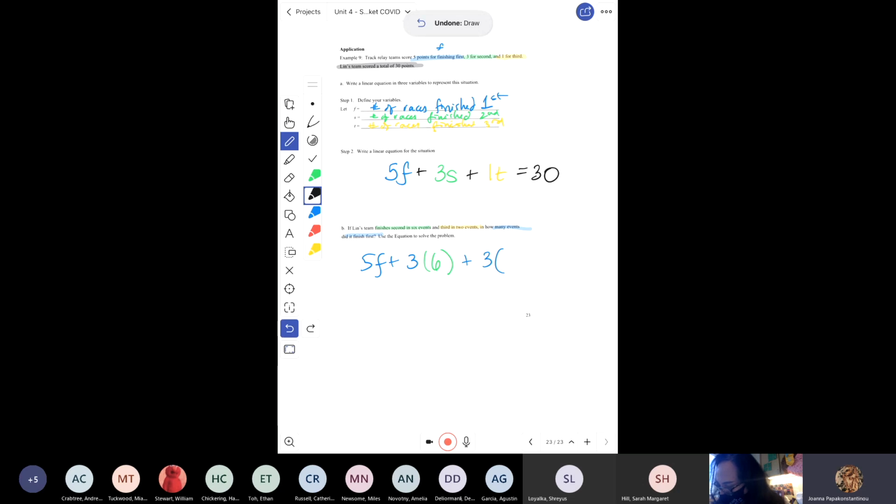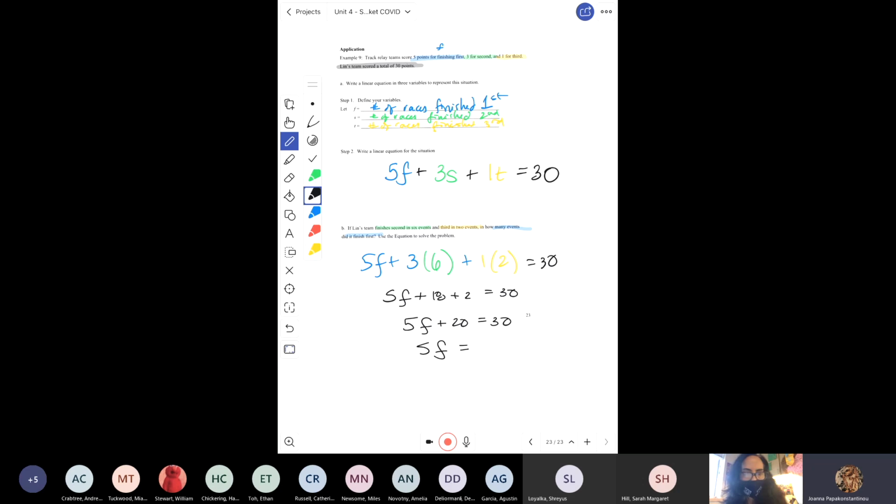She finished third in 2 events, so she only gets a point for finishing third. So what is F? So we can say that Lynn's team finished first in 2 events.